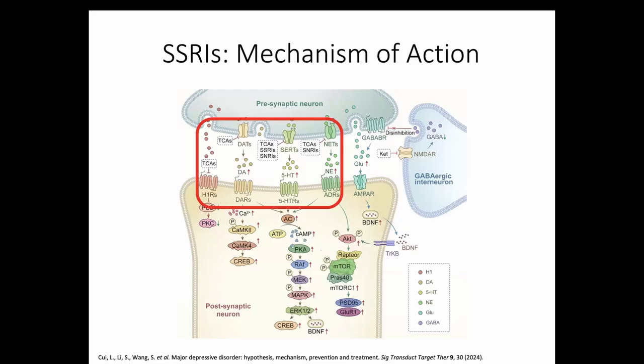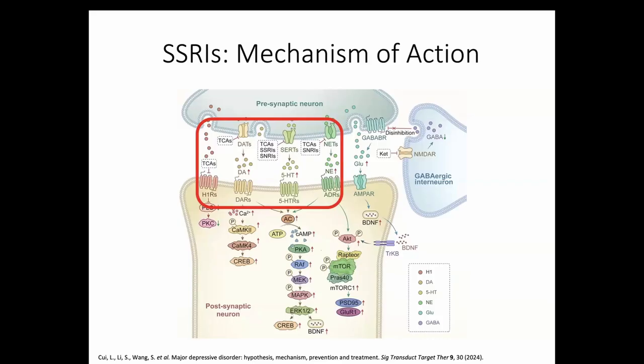Ketamine is another one that we still don't know how it works, but it's now FDA approved and it is helping a significant portion of patients with depression. ECT is the same. We just know that it has a generalized impact on the brain, but we don't know exactly how it works.